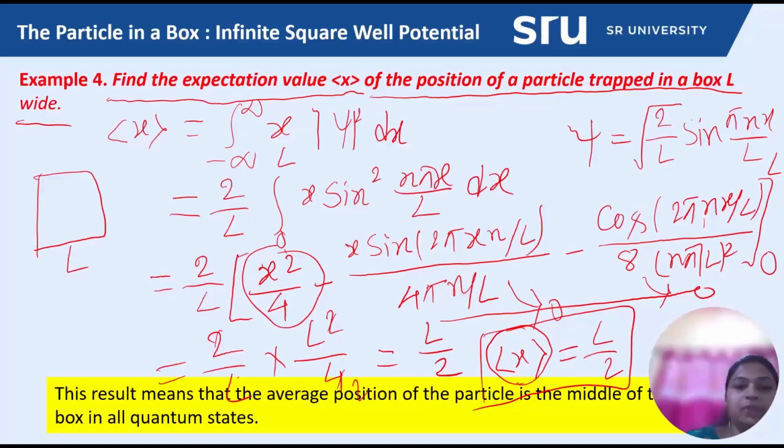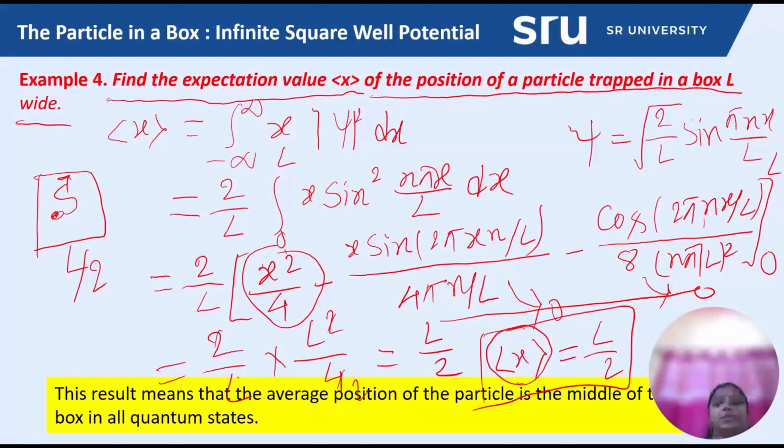So the particle in the box is most expected to be, on average, at L by 2. That means the middle, or the center, of the box in all quantum states.